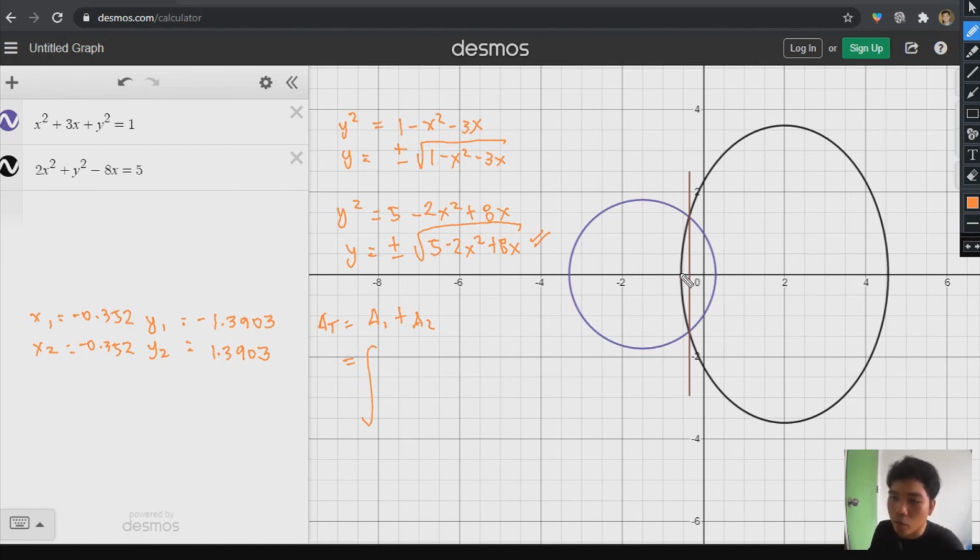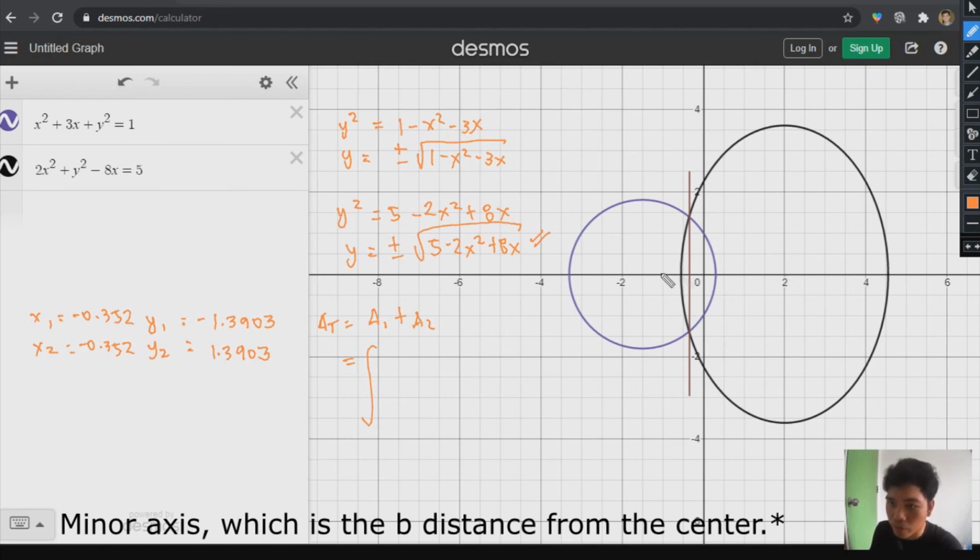So, the only thing that we can deal with this is to find it. And then, paano ba natin siya hanapin? Di ba we could see it from the ellipse itself, you can see that the center lies somewhere here, and that is the principal axis, which is the A distance from the center.